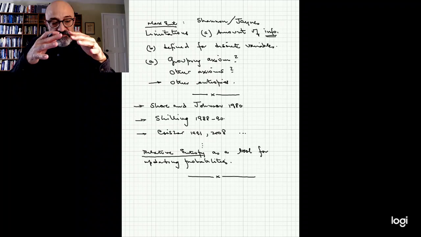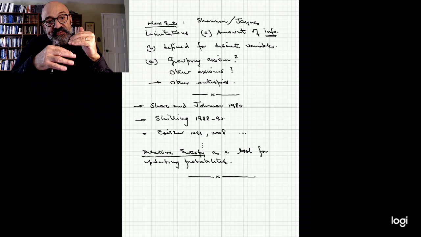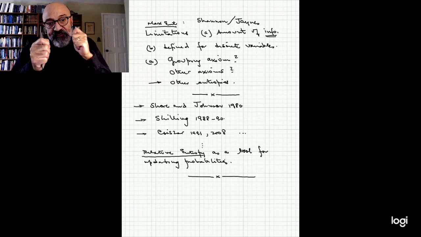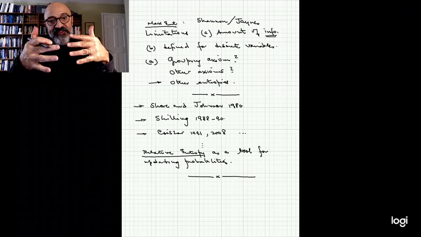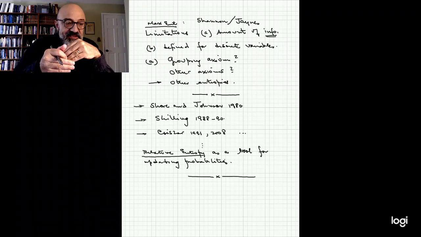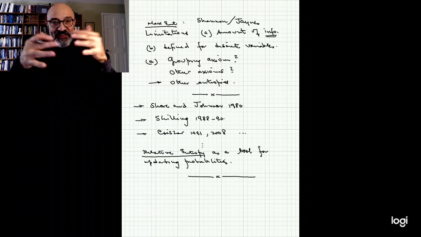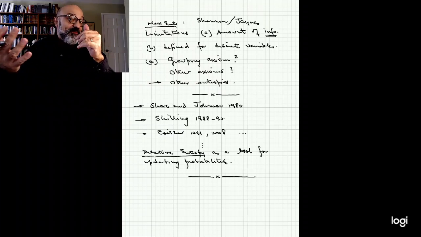Typically, the way theories in physics have been developed, you start from a mathematical formulation of your theory, and then you try to figure out what the various concepts, the various quantities that appear in this mathematical theory might actually mean.